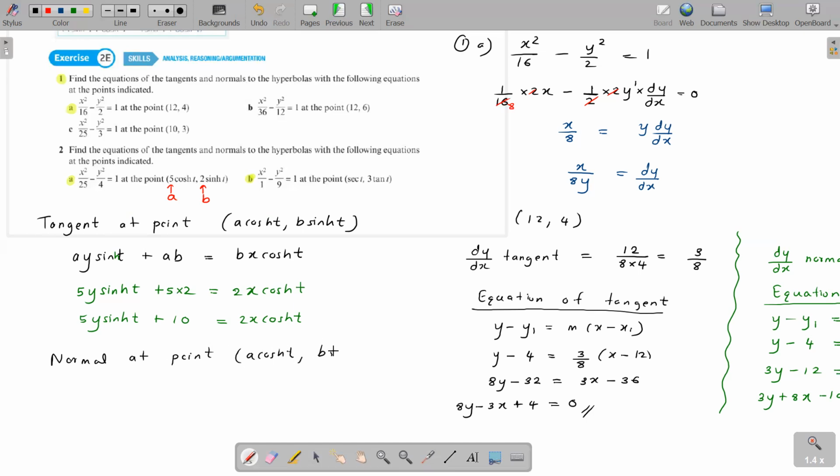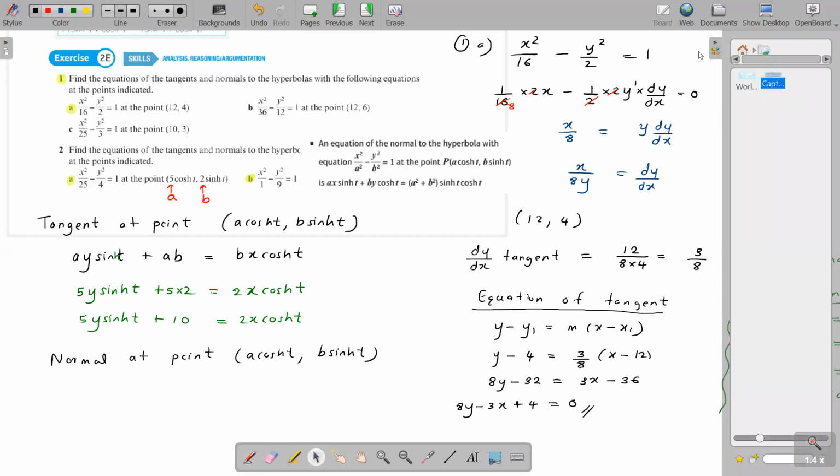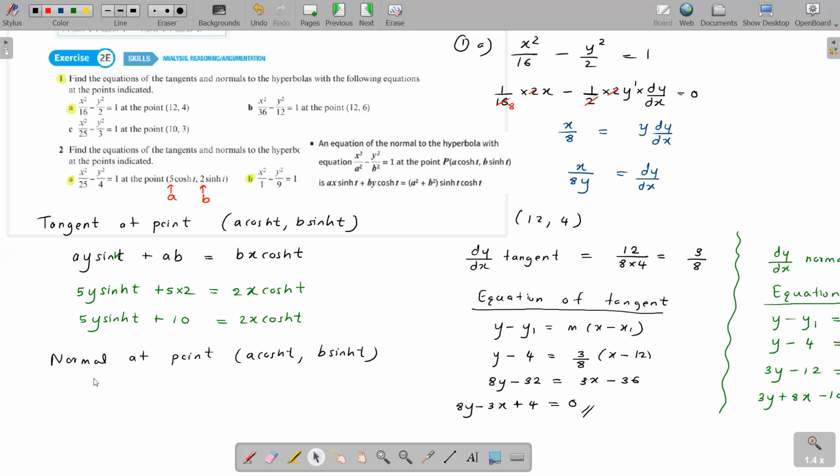Can someone tell me the equation? The equation of the normal was x sin t plus b cos t equal a square plus b square.